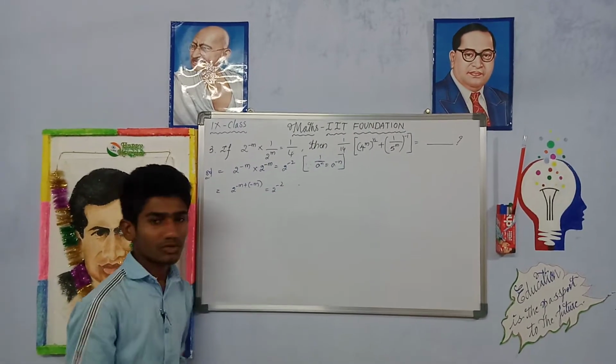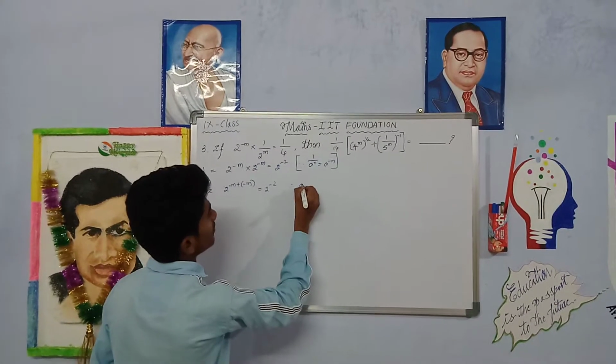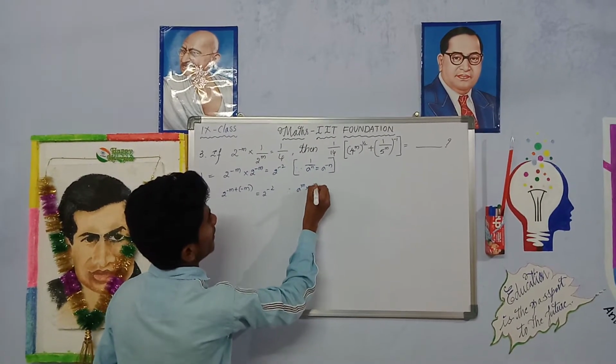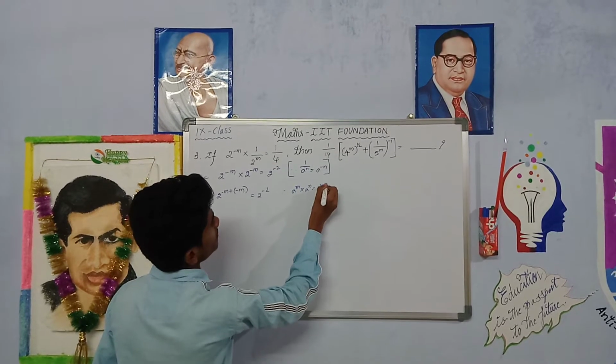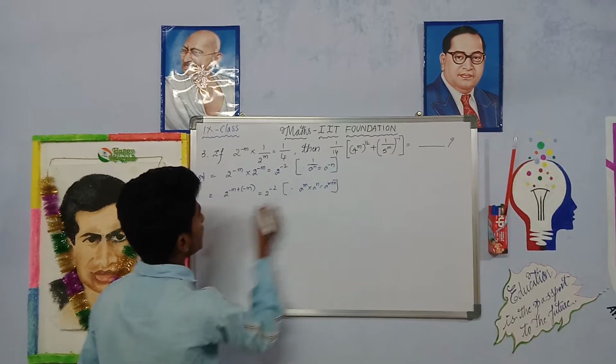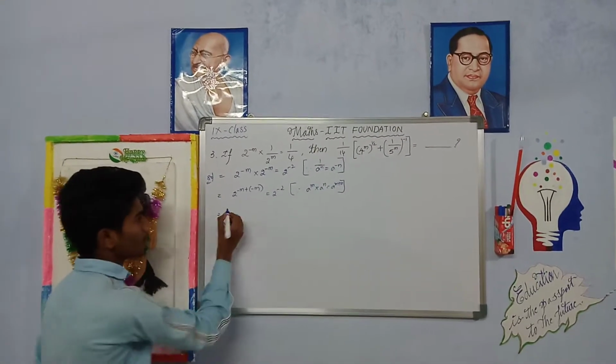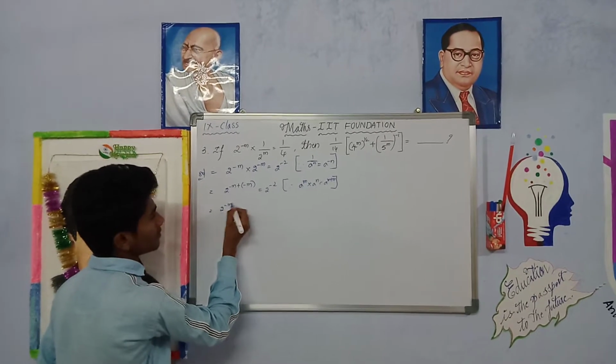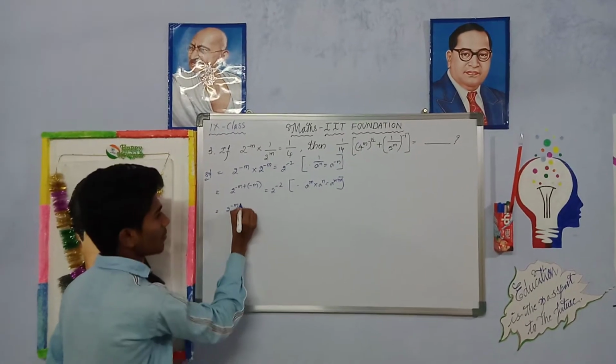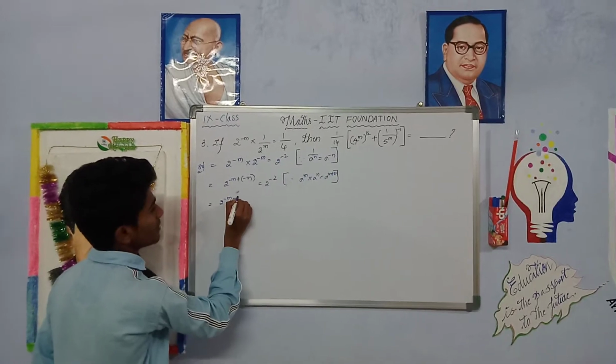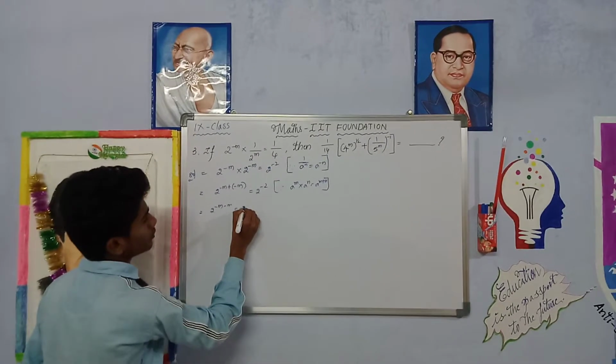Here we have used the law a power m into a power n is equal to a power m plus n. So 2 power minus m minus m is equal to 2 power minus 2.